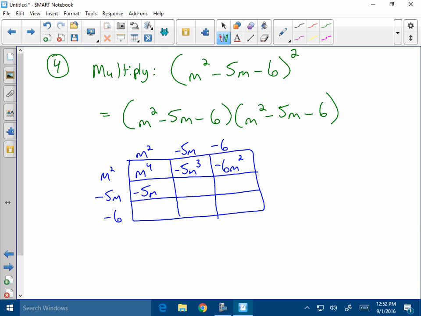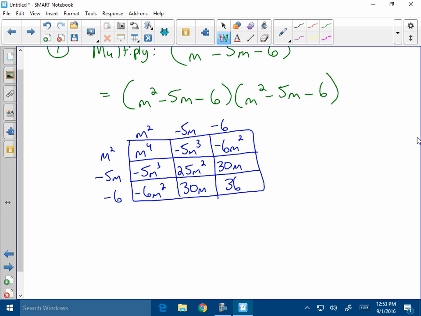Then it would be negative 5m to the third, positive 25m squared, and a positive 30m. And my last row: negative 6m squared, positive 30m, and a positive 36.